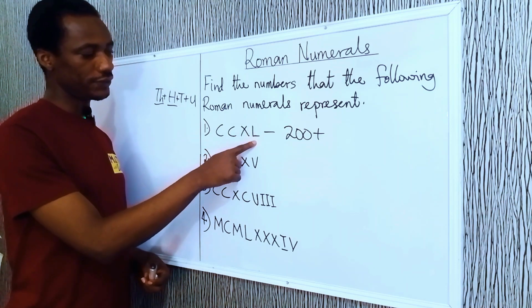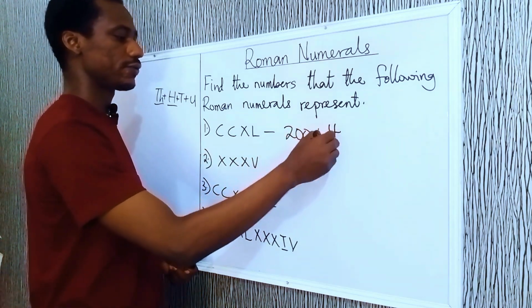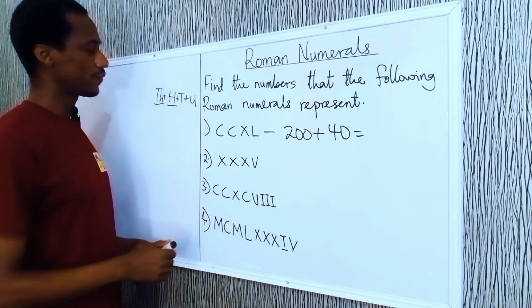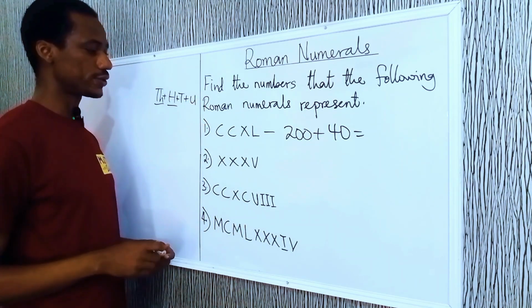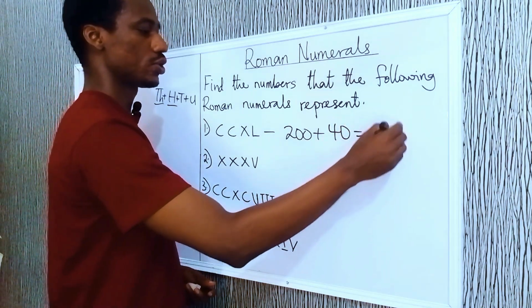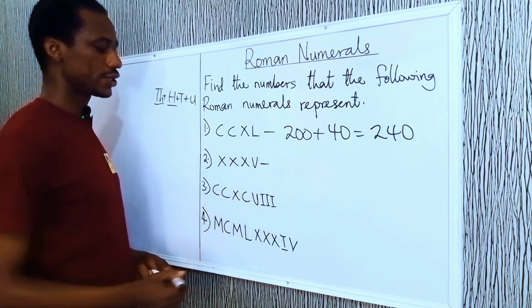So this will be 50 minus 10, and that is 40. Do we have any units or ones? None. So the answer is 240.